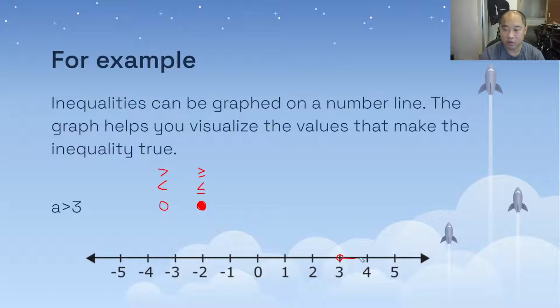So this would be an open one that looks like that. Or it could be the other way, right? X is less than or equal to -1. So here we would fill that in, and then like that.